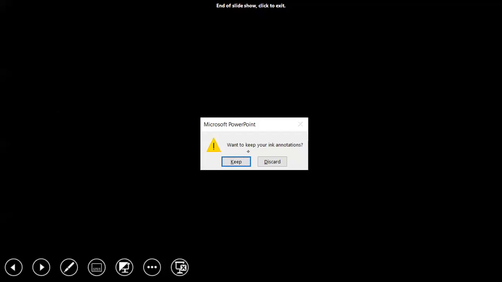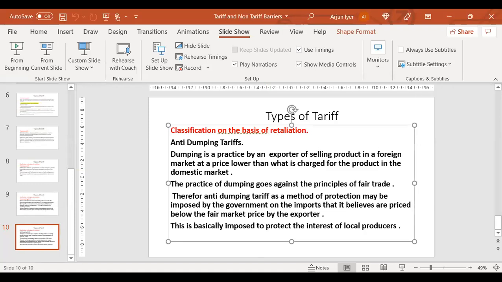Is it clear, children? Now the next thing we will be starting is, ये तो टैरिफ नॉन टैरिफ में और कुछ है देखते हैं. Okay, we will start with non-tariff barrier.